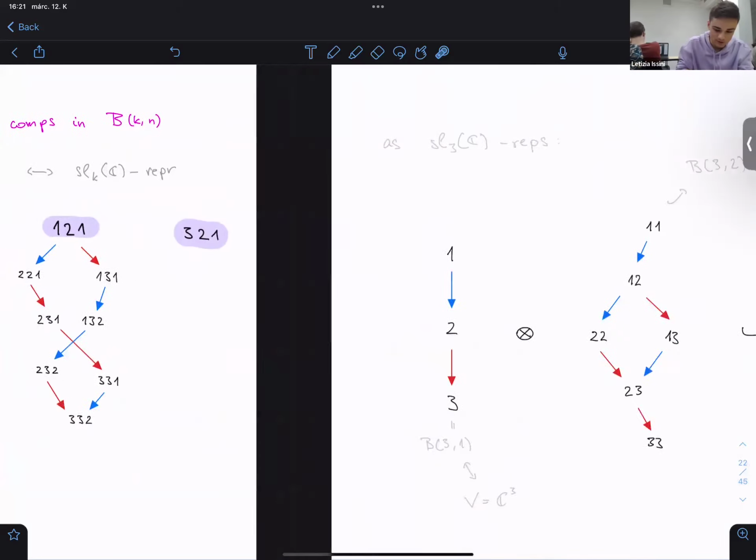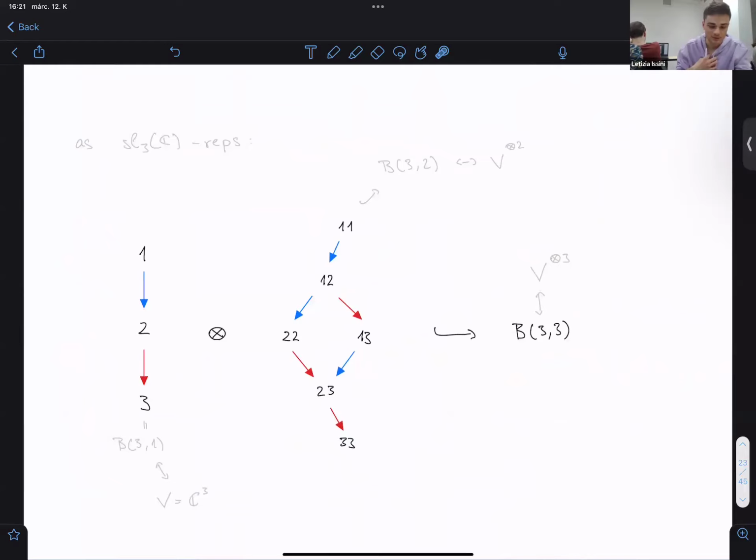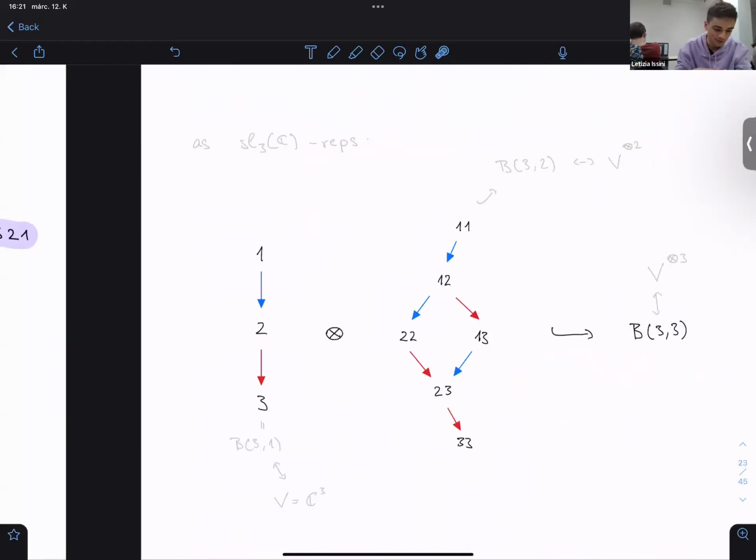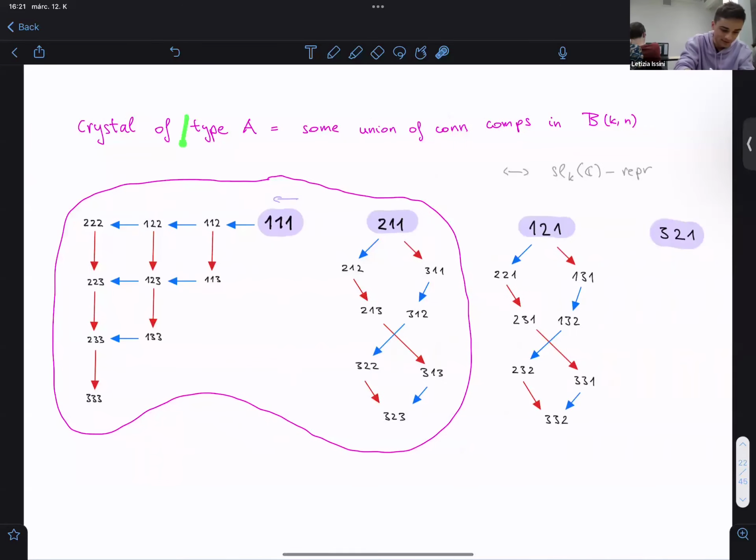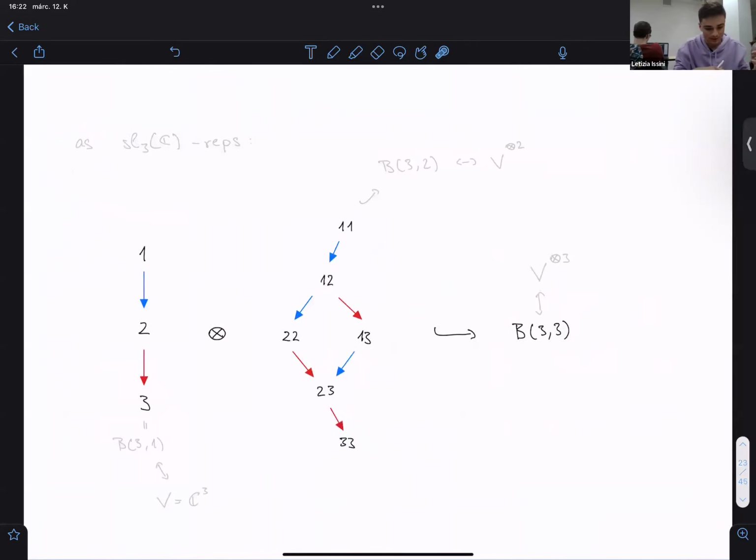So one particularly nice aspect of crystals of type A, before that, I should probably mention that it's called crystals of type A because it corresponds to a type A Lie algebra, but this notion can be generalized widely to all Kac-Moody algebras, which I will not define here, so I will stick to type A. It's a nice feature of crystals of type A, and actually crystals in general, that we have a simple description for tensor products.